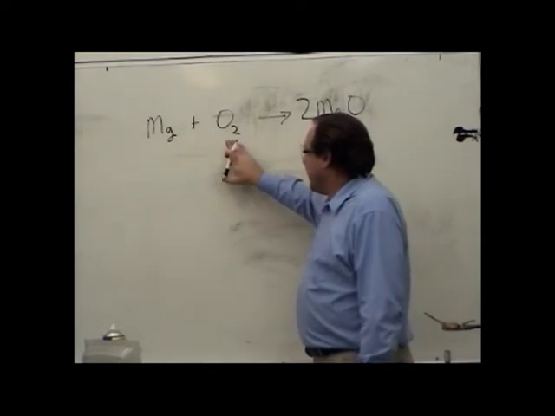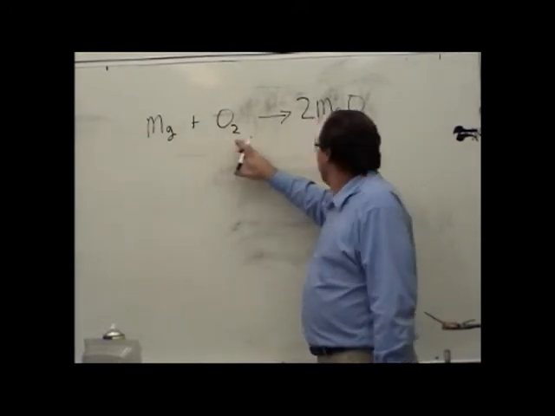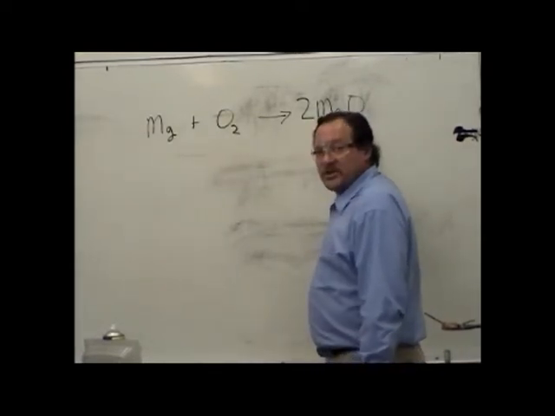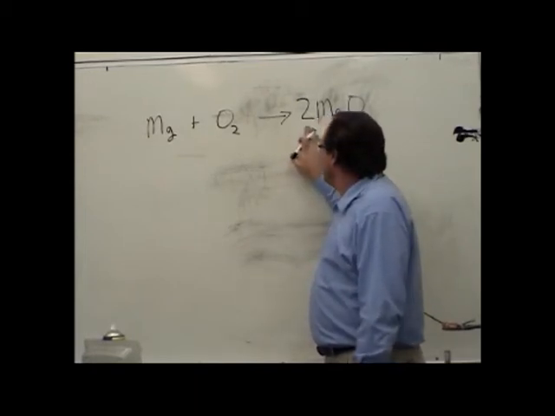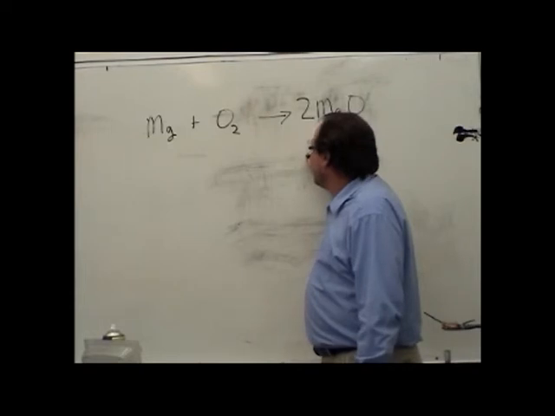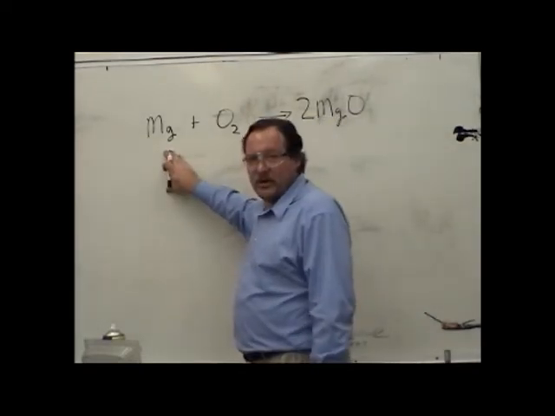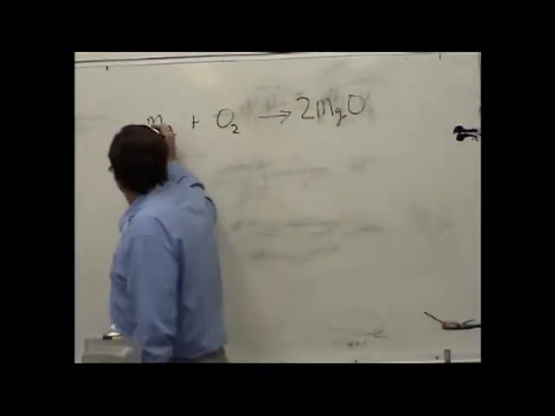When I do that, now I have 2 oxygens on my left, and 2 times 1, 2 oxygens on my right. However, when I put this 2 here, it doubled my magnesiums, so I'm going to need to put a 2 here in order to balance my magnesiums out.